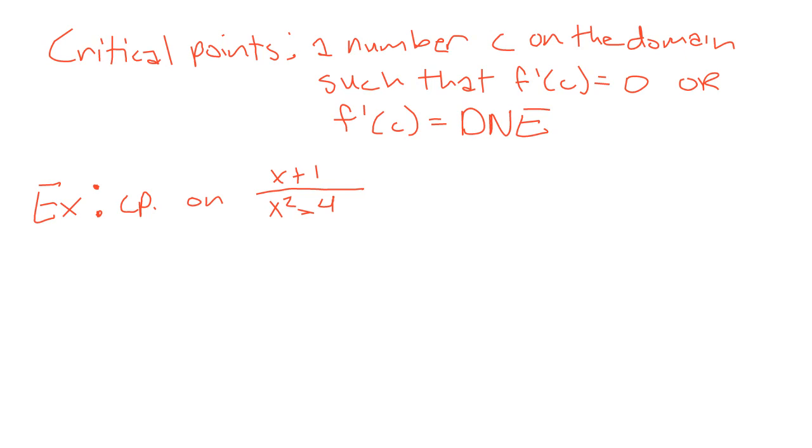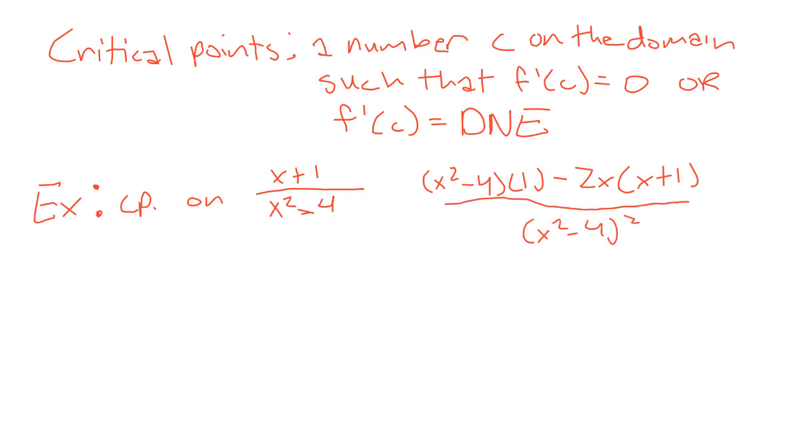Let's do a quick quotient rule, where we get our bottom, x squared minus 4, times the derivative of our top, minus the derivative of our bottom times our top, over x squared minus 4 squared. All right, so we get x squared minus 4 minus 2x squared minus 2x over x squared minus 4 squared.